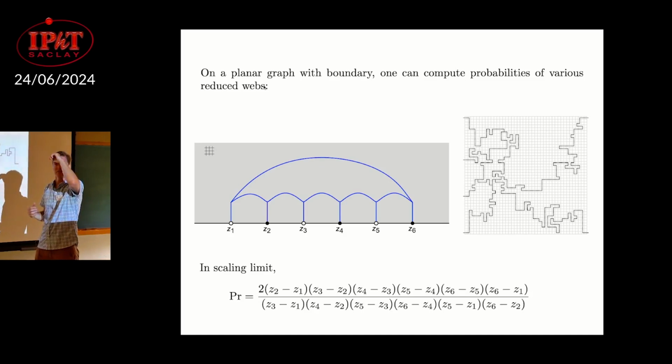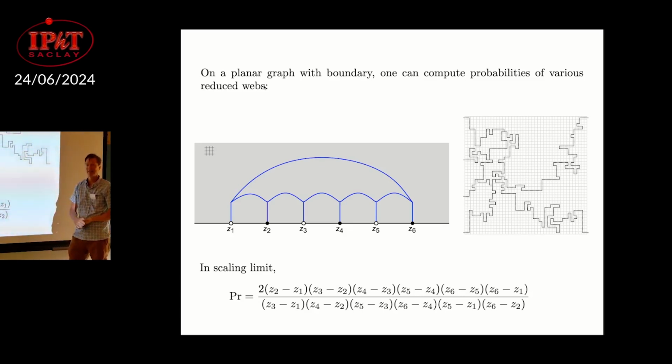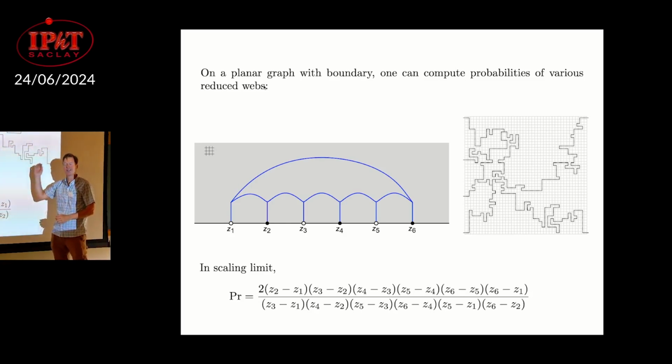Yes, Sergey? Do you think that these paths that you get here, in the scaling limit, will be some kind of SLE with some parameter that you can maybe guess from some physics voodoo? Yeah, that's what we thought originally, but they're not consistent with any SLE.